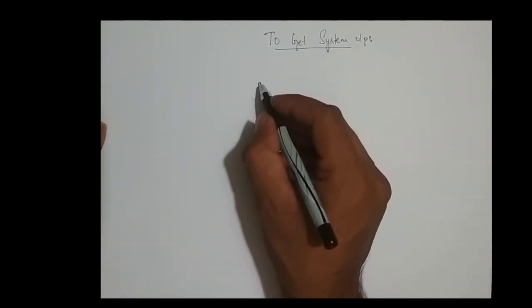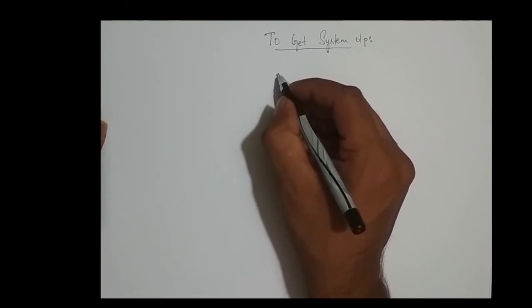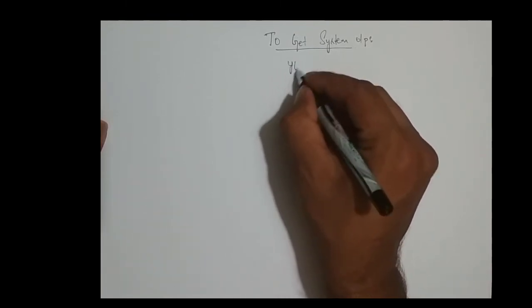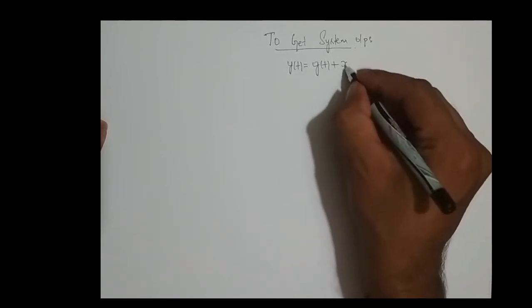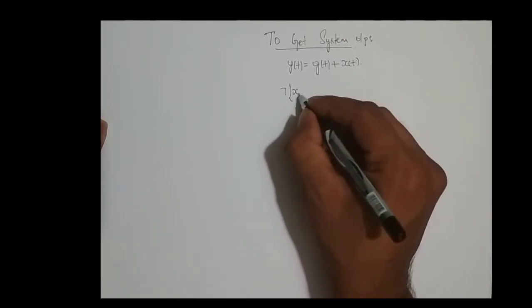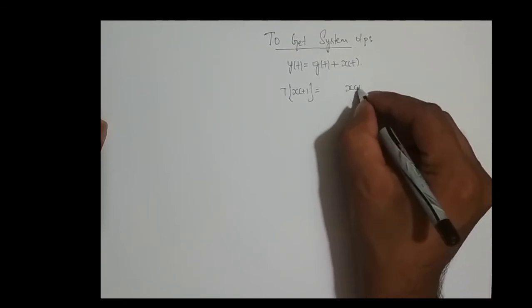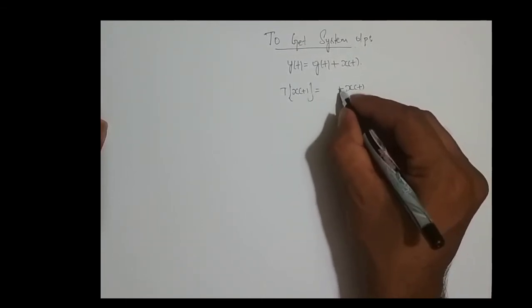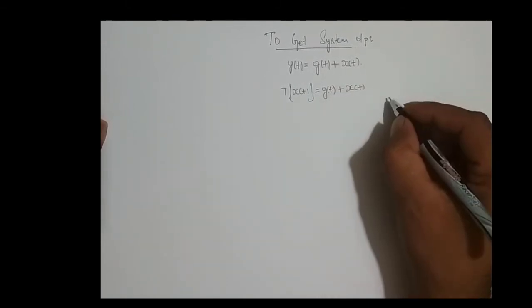now as I told you in lecture 2, in order to get the system output, I should understand the system, right? So what is the system? System is y of t is equal to g of t plus x of t. So it is nothing but transformation of x of t. Whatever the signal you feed, for that signal, g of t is getting added, right?